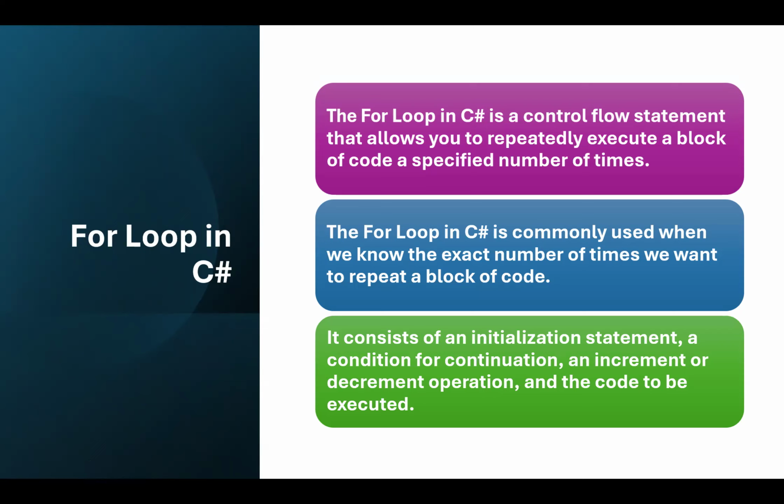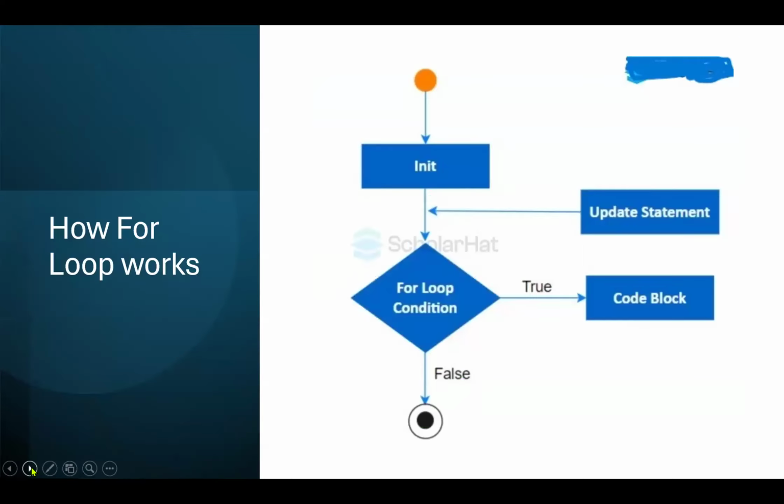For the for loop, we have different types of statements in it. We have an initialization statement, a condition for the continuation of the loop, and then an increment or decrement, as the case may be. It depends on how you want to use it. This is a flow diagram of how the for loop works.